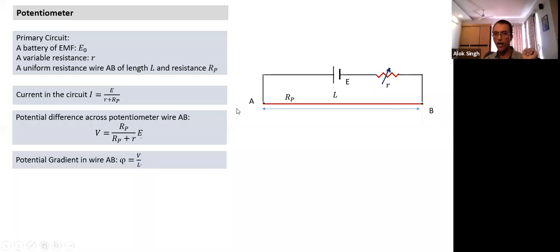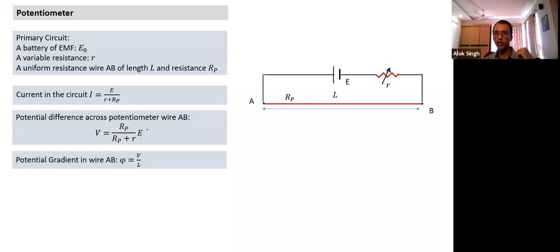If the length of the wire is L, the potential gradient, as the term suggests, is potential per unit length. For the potentiometer wire, potential gradient will be equal to V by L if the wire is uniform. The potential gradient is then also a uniform, constant quantity.